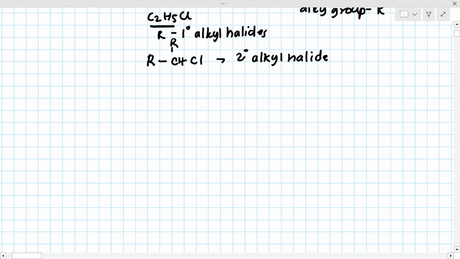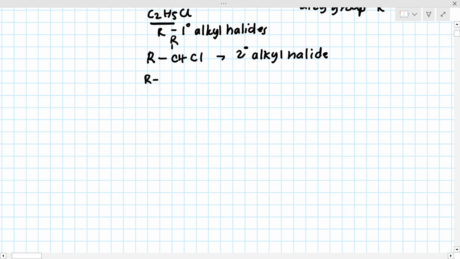Now when we have three R, this is a tertiary alkyl halide.